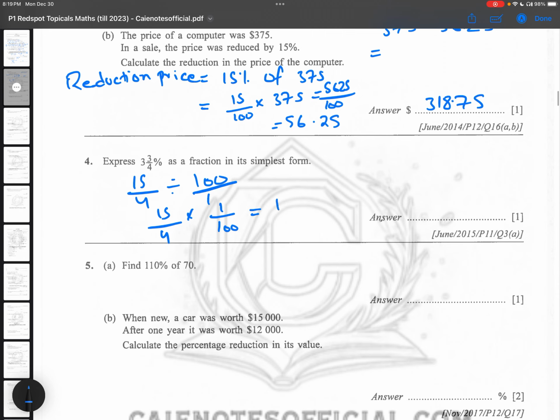So this becomes 15 upon 400. Now you need the answer in simplest form. So we will cancel it with the table of 5. 5 into 3 is 15 and 5 into 80 is 400. So this is equal to 3 upon 80.